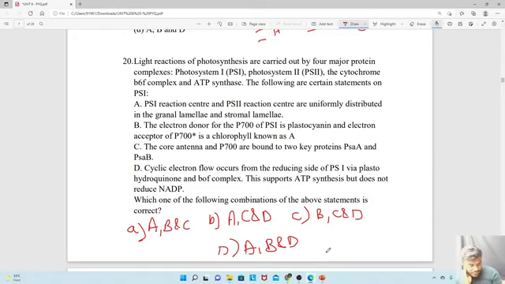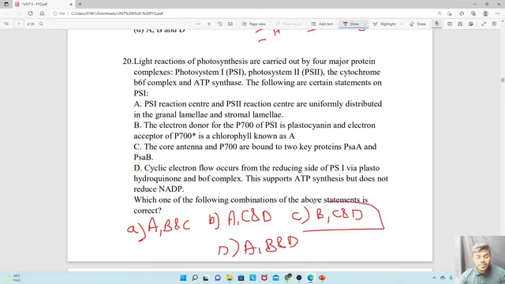Think it correctly, think it correctly. Very good, very good.